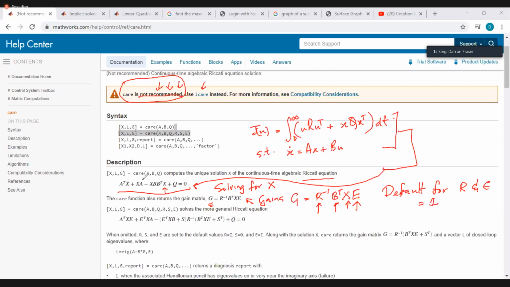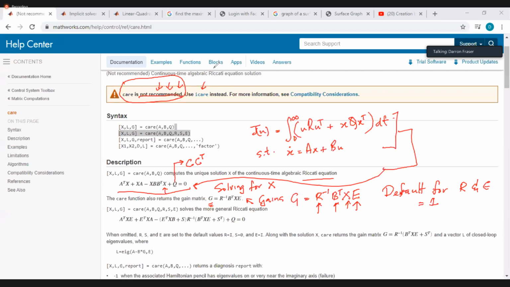A is the system matrix. B is the input. So what is Q? Q is the matrix C times C transpose. Do I have it right? No, sorry, the other way around.